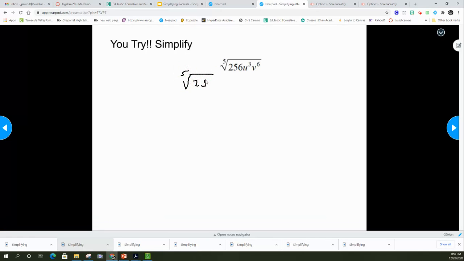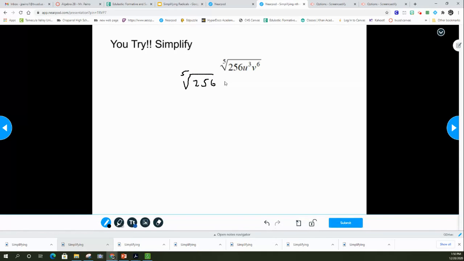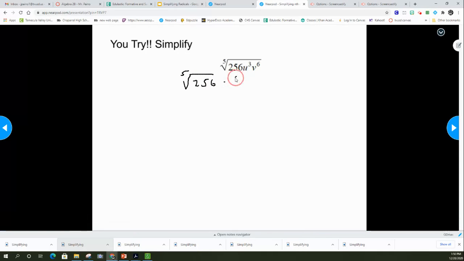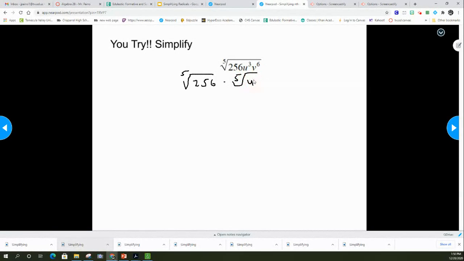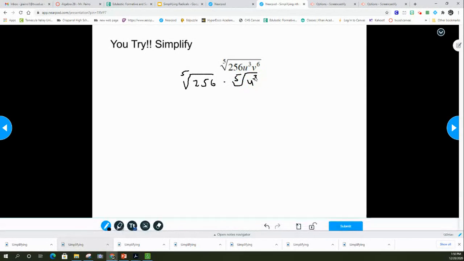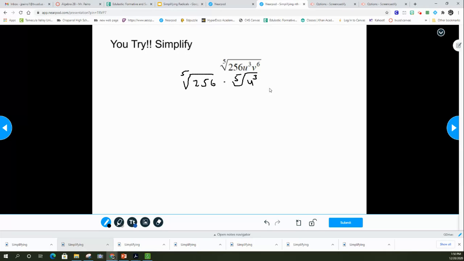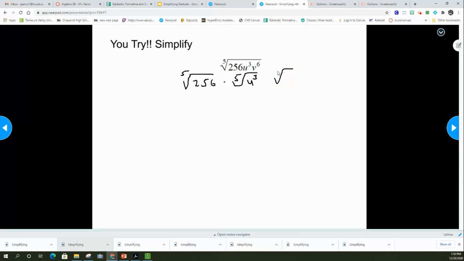Okay, so I'm gonna have to do some work here. All right, and then I've got the 5th root of u cubed. That's kind of unique because that means we can't simplify it because the exponent's already smaller than the index number. And then 5th root of v to the 6th.